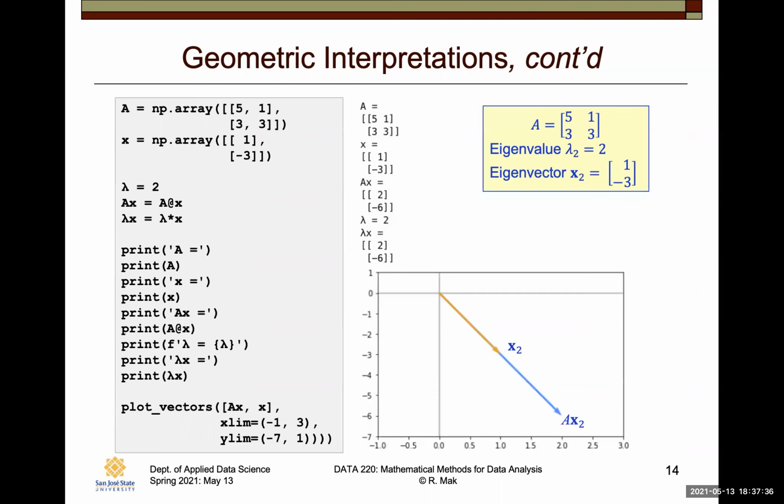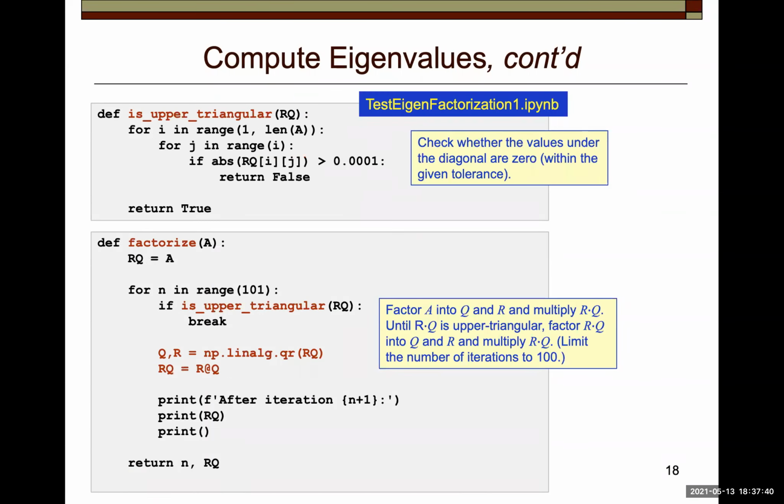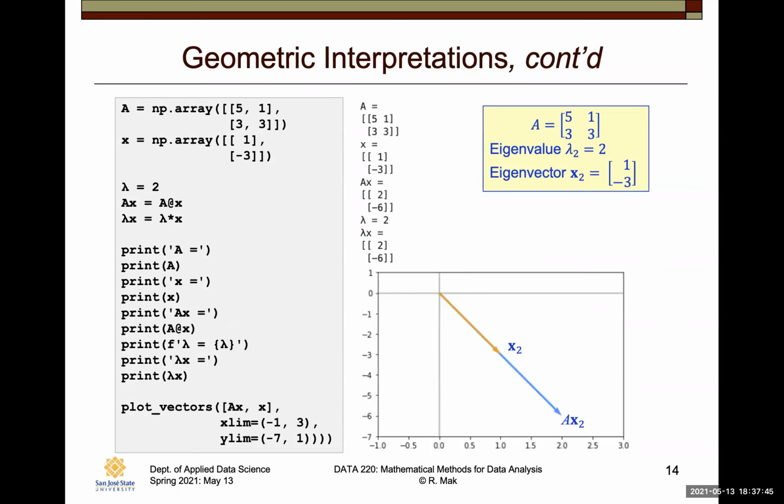Here's another example. Here is A, and I'm going to say that this is an eigenvector, 1, minus 3. So there's this orange one here, 1, minus 3.